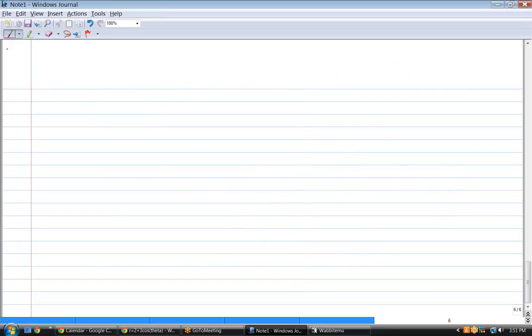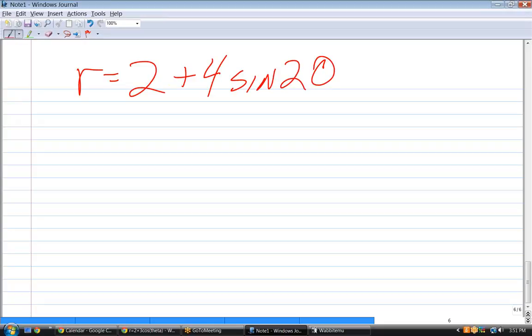Do you have any other ones you need to identify? Yeah, the next one is find the length of each petal of the polar curve whose equation is r equals 2 plus 4 sine 2 theta. Find the length of each petal. Now this is not a rose curve.